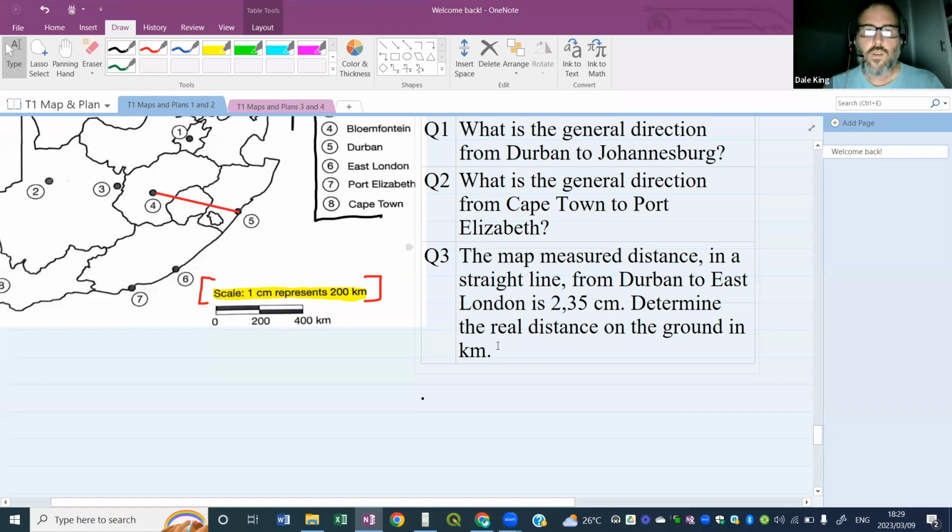Determine the real distance on the ground in meters. All right, there's the question. The map measured distance in a straight line from Durban to East London is 2,35 centimeters. Determine the real distance on the ground in meters. All right, off you go. Let's see you guys do that one. So I've changed question 3 to a new question.